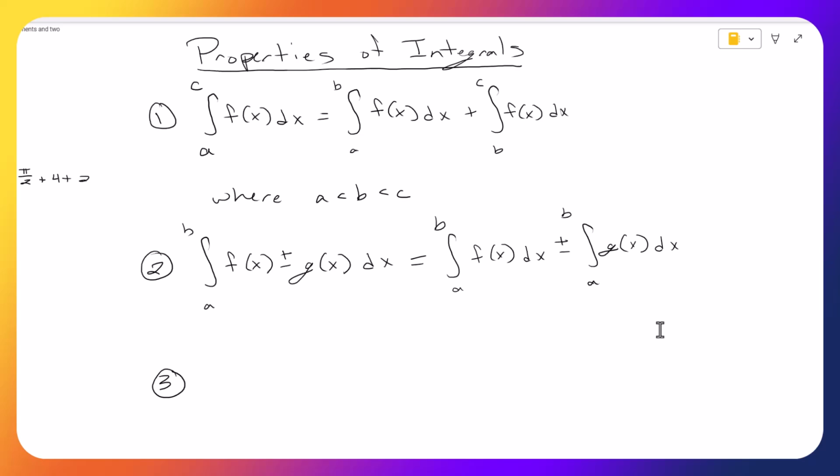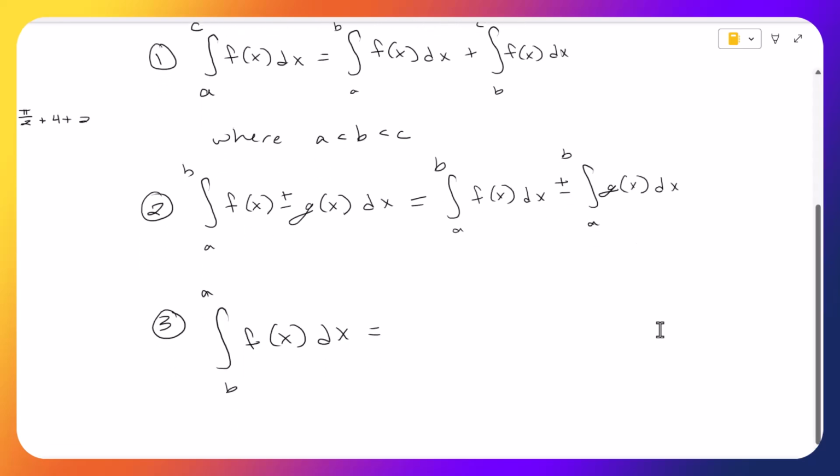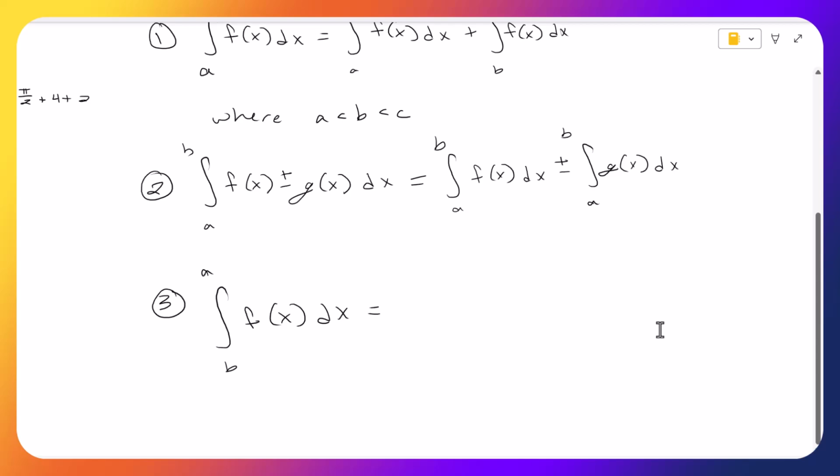This third one is that if we flip it, if we go from b to a of f of x dx, so if we switch the bounds, this is equal to the integral from negative a to b of f of x.